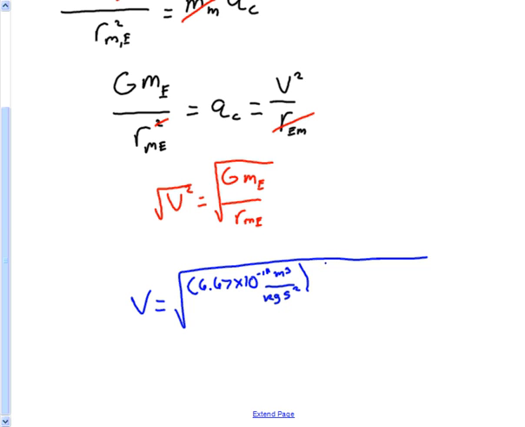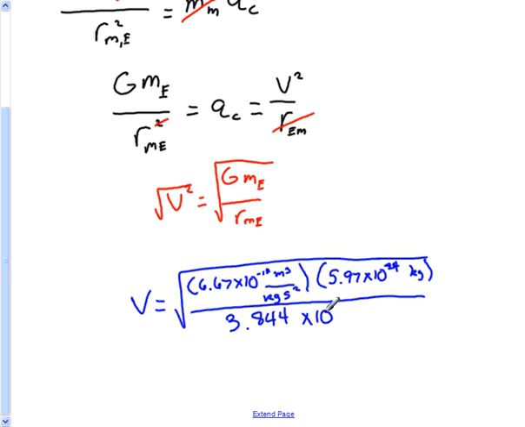That's big G. The mass of the Earth we know to be 5.97 times 10 to the 24th kilograms. And then we need to know the distance between them. And we actually do know that. That distance is 384 million meters, so that's 3.844 times 10 to the 8th meters.